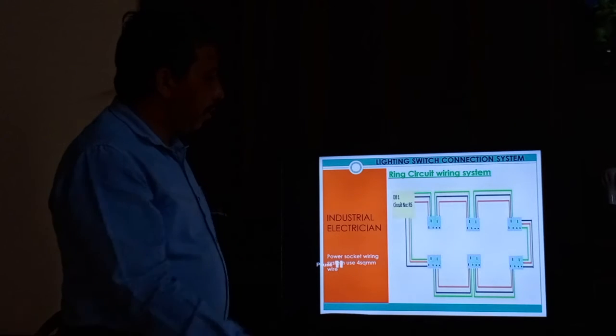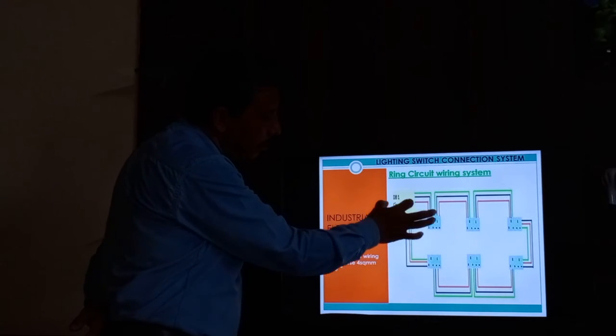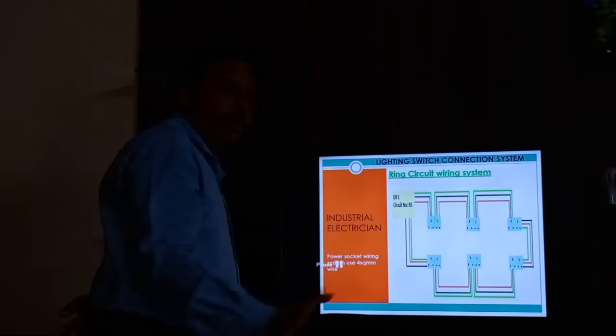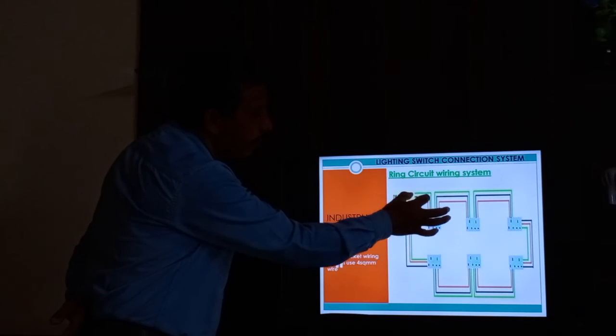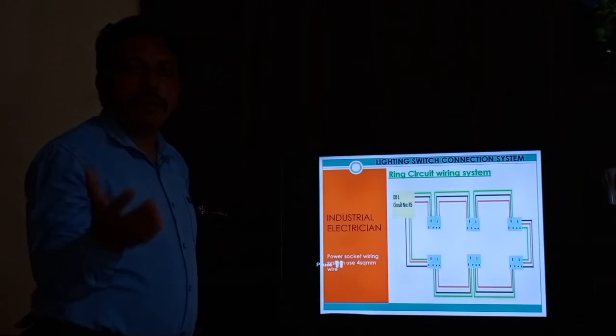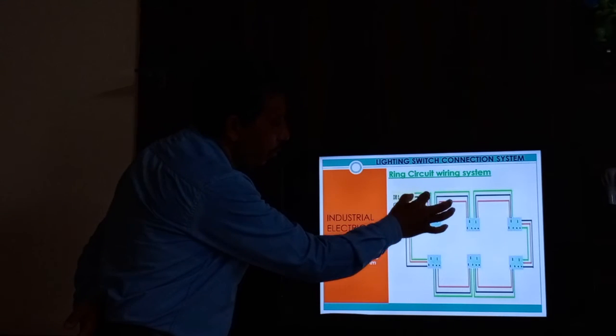Six wire means you cannot put it directly into the DB as one point; you can divide this wire. Why can we divide it? Because the load is divided.